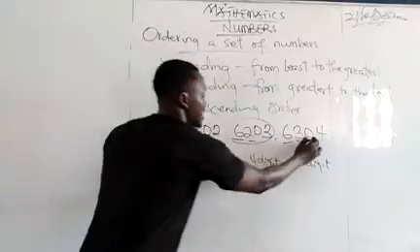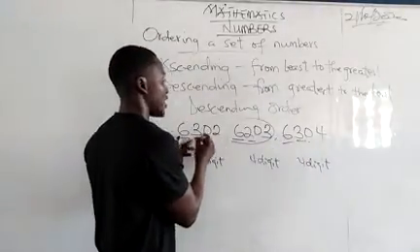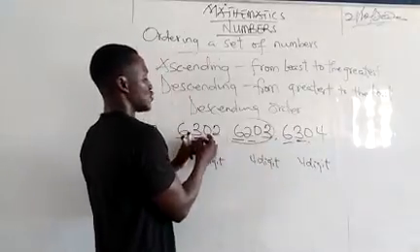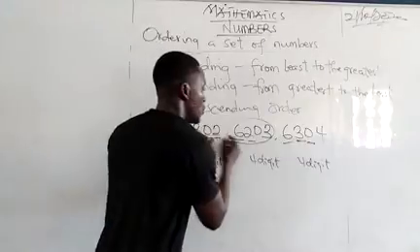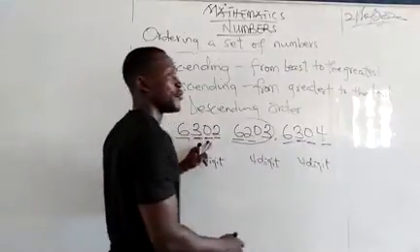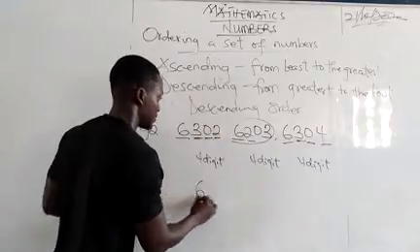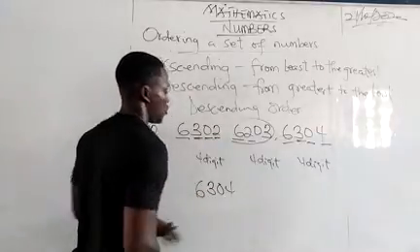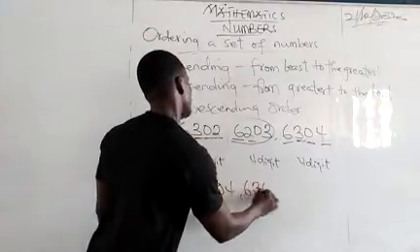Alright, let's compare this and this. We want to know the bigger number. So 3 and 3. Next one, 0 and 0. So let's compare the last one: 2 and 4. We know that 4 is greater than 2. So from there, our 6304 will come first, followed by 6302.